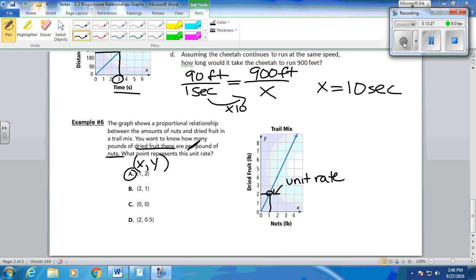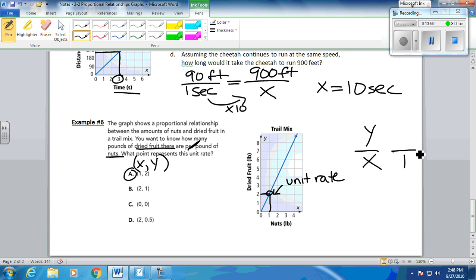The question wanted us to know which point would represent the unit rate of the fruit to the nuts. So you have to think about, you're looking really for the fruit to the nuts. We're looking at the y first and then the x coordinate. So I'm looking for my x coordinate to be 1 in order for this to be a unit rate.